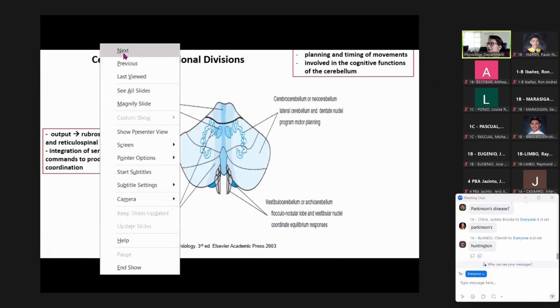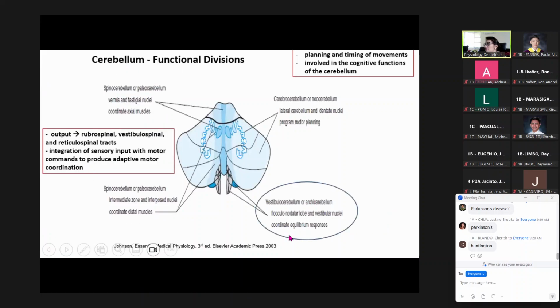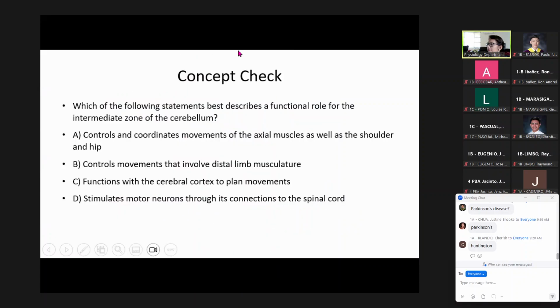Okay, and then, of course, we have our vestibulocerebellum. Okay, we have here the flocculonodular lobe and the vestibular nuclei. Of course, as we have said earlier, this has something to do with balance and equilibrium. Okay, so ayan. Okay, sasagutin natin to all together. O kaya, nasan yung aking chat box?